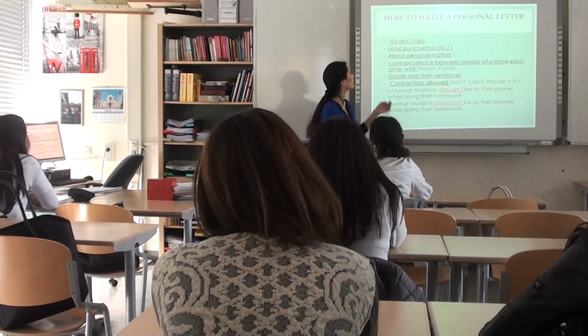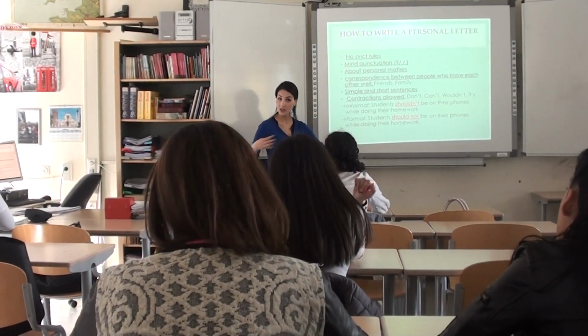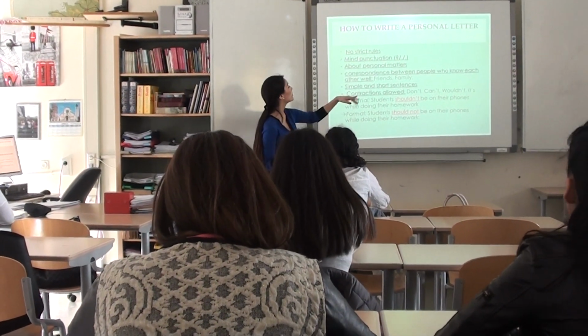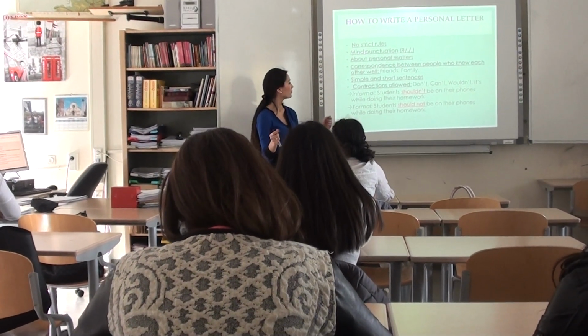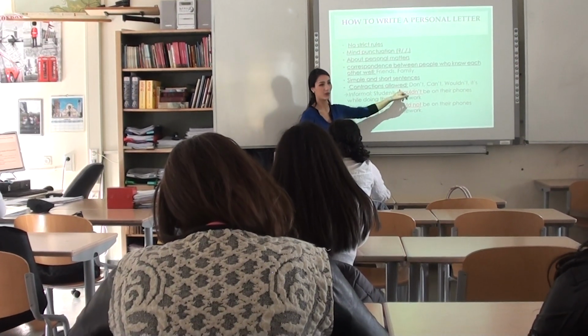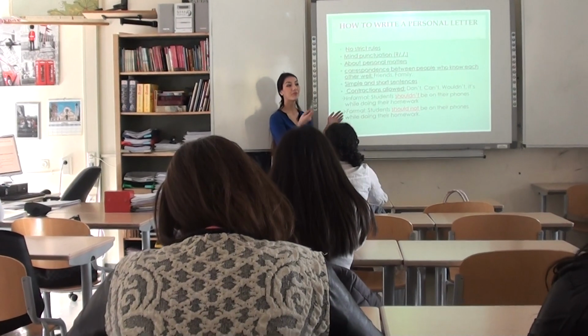Informal letters are usually about personal matters. It's correspondence between family, people we know, or friends. They're usually simple and short sentences. Contractions are allowed. What are contractions? Don't, can't, wouldn't.